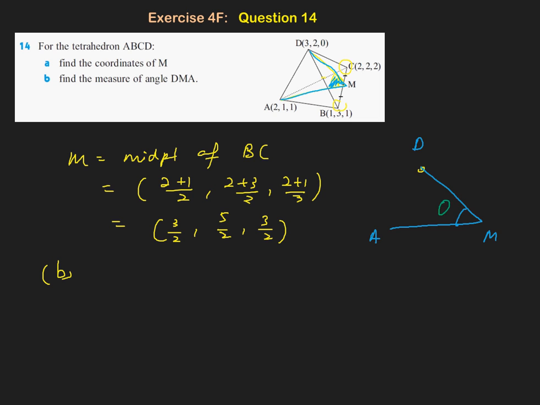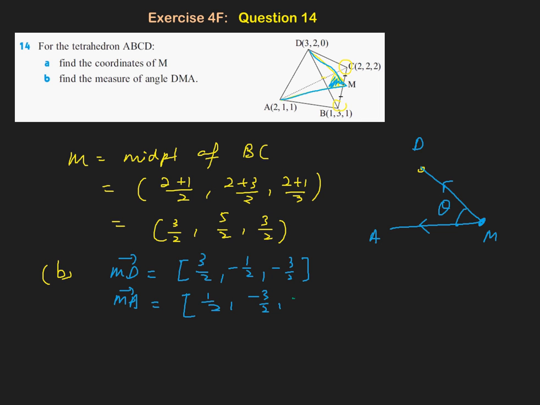And so with this in mind, we make sure M is the point where the two vectors emanate from. So all you do, find MD, you find MA, right? And you should get 3/2, -1/2, and -3/2. Okay? And this should be halved, -3/2 and -1/2.